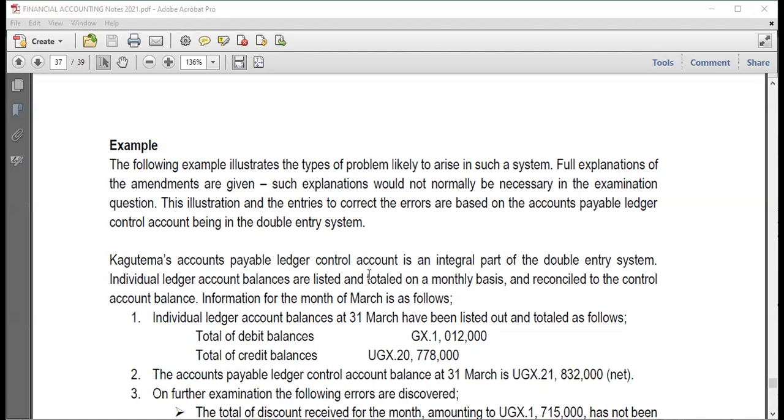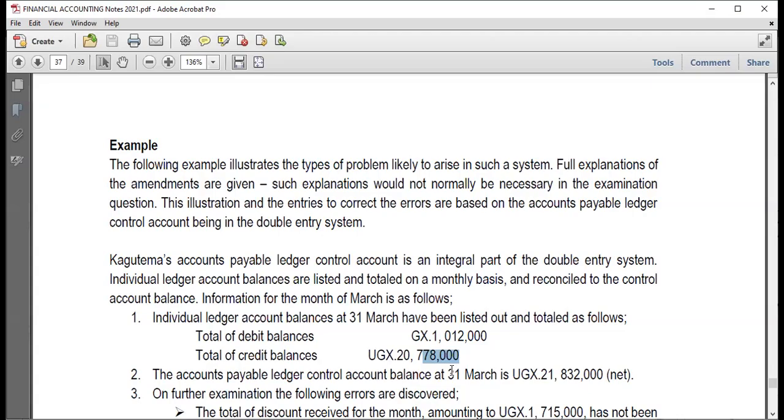Individual ledger balances are listed and totaled on a monthly basis and reconciled to the control account balance. Information for the month of March is as follows. So we have the individual account balances. We have our total debtors at 102,000, and then the total creditors balance is 2778.